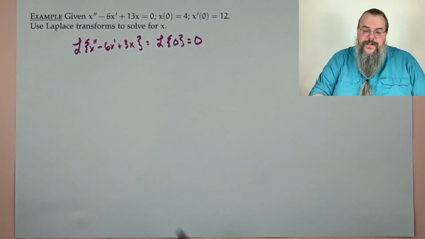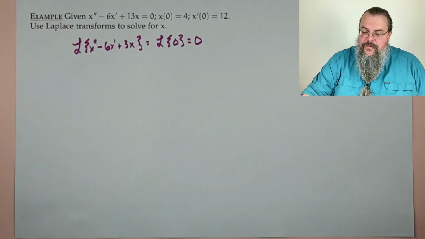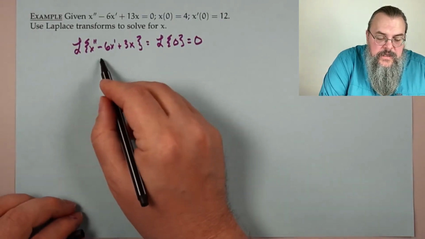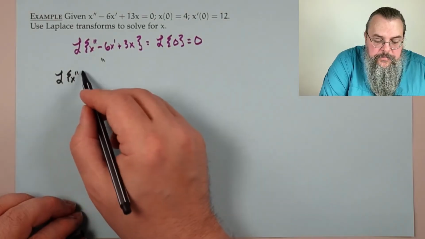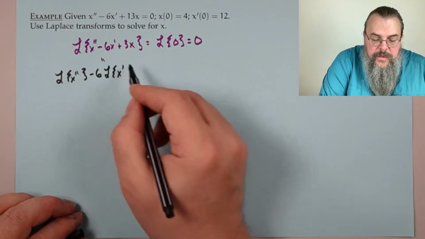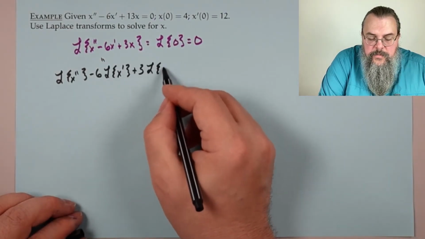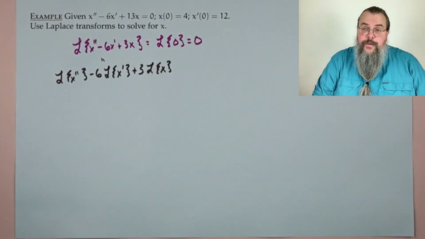All right, so let's work on this part right here. Okay, so what do we have? Well, this is the Laplace transform of x double prime, minus 6 times the Laplace transform of x prime, plus 13 times the Laplace transform of x. By linearity, we're pulling things apart.